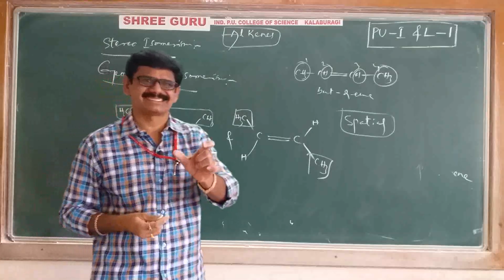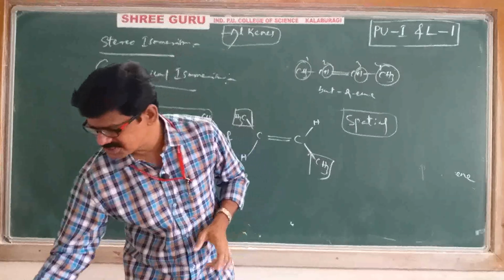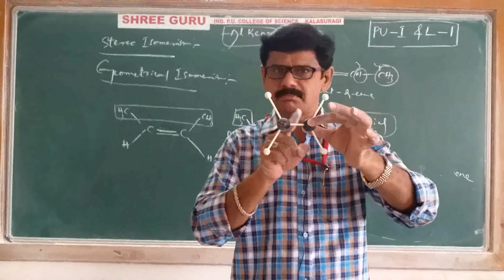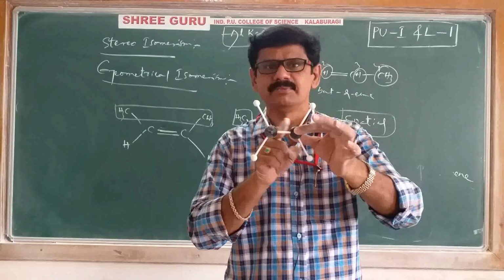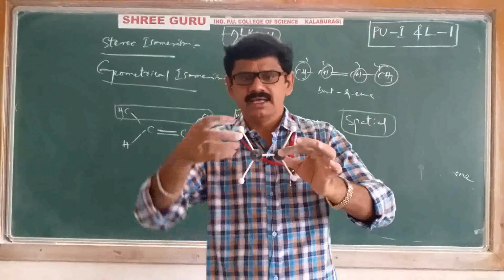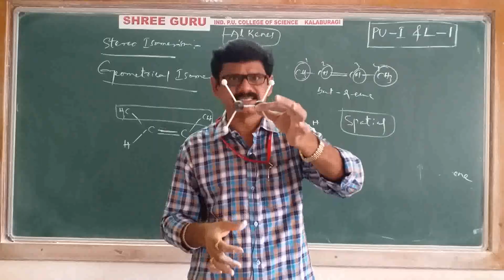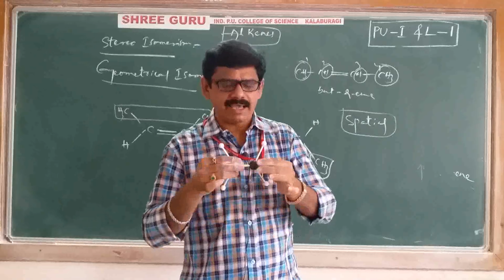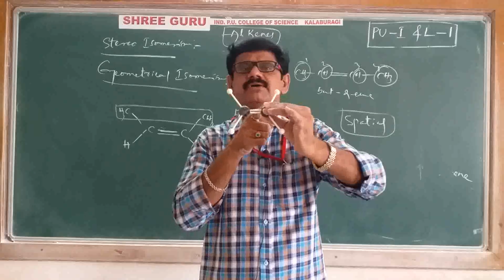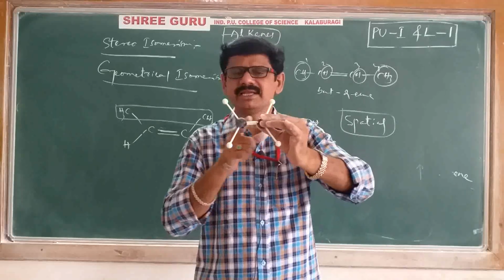rotation is just impossible. I'll show here a ball and stick model. See here carefully. This is one carbon, this is one carbon. Both black colored balls will be considered as carbon, and the carbons will have a double bond. This is one hydrogen, hydrogen, hydrogen, hydrogen. It is of course ethene. Now what I am doing, the ball I hold in my left hand is one carbon, and this is another carbon.